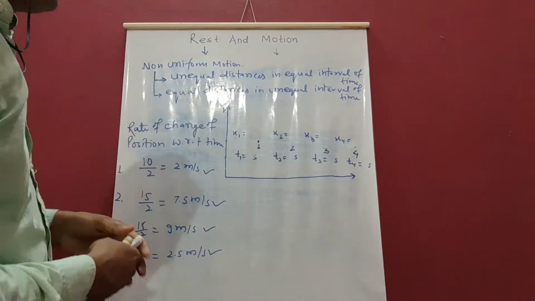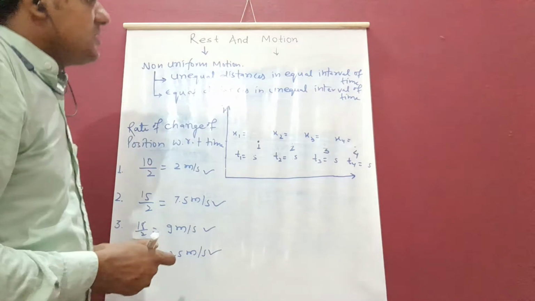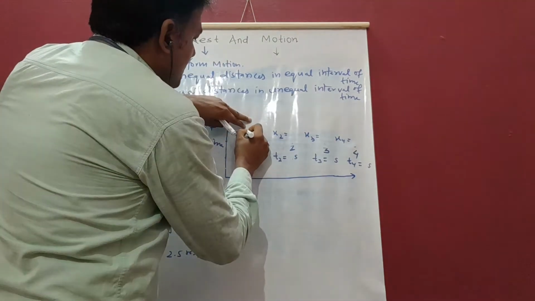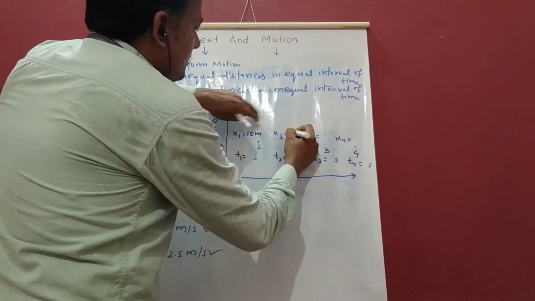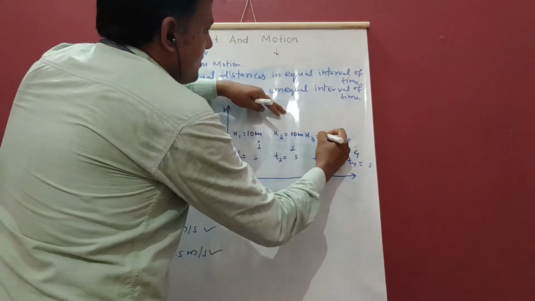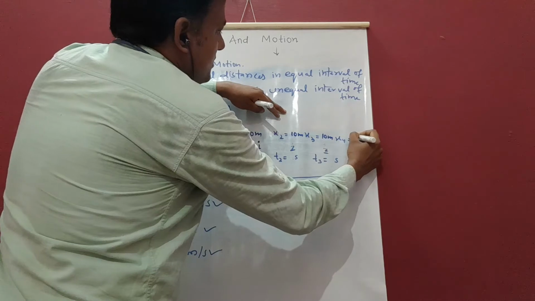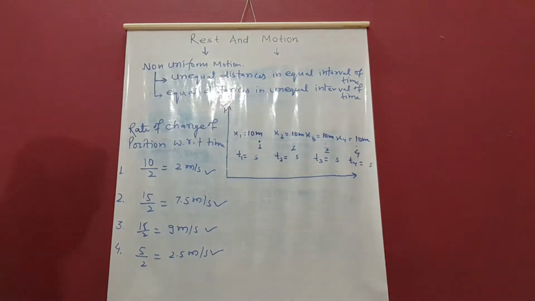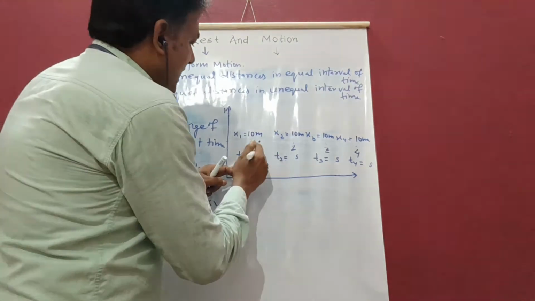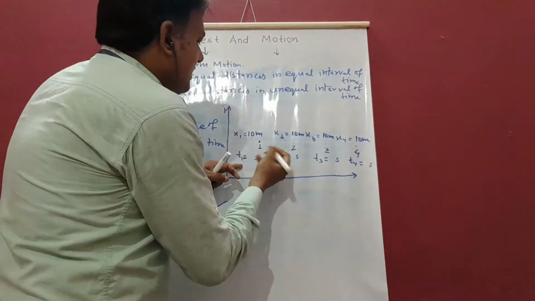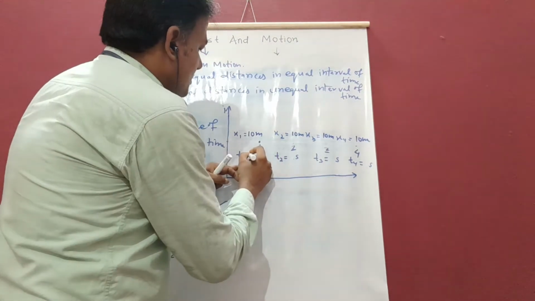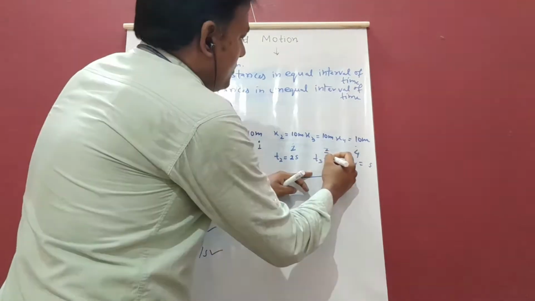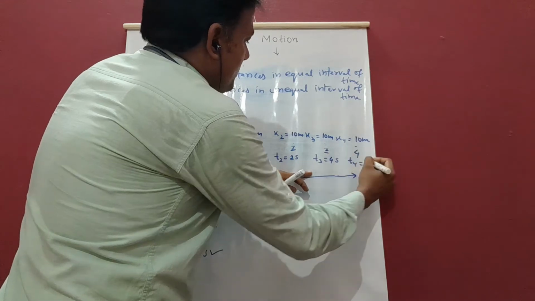In the second one, with equal distances in unequal intervals of time, suppose that the distance in all the cases is 10 meter, from 1, 2, 3 and 4. And the times required are different. Suppose this is 1 second, then 2, then 4, then 5.